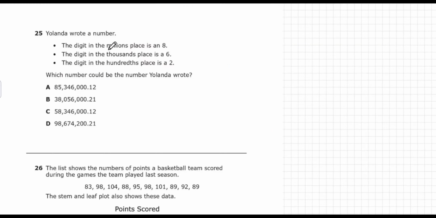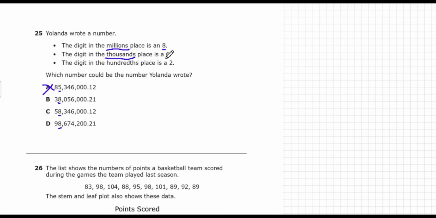Question number 25. Yolanda wrote a number. The digit in the millions place is an 8. So option A is not correct. Next one. The digit in the thousands place is a 6.